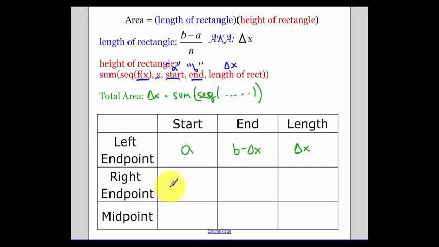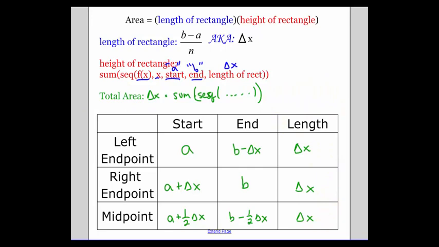Right endpoint, you go over your delta x, so you start at a plus your delta x. Your endpoint is b, and still you're at delta x. Midpoint, you start at a plus half of your interval, and for your ending point, you're also going to half of your interval. And then your length is still delta x, because the width of your total rectangle is still delta x.